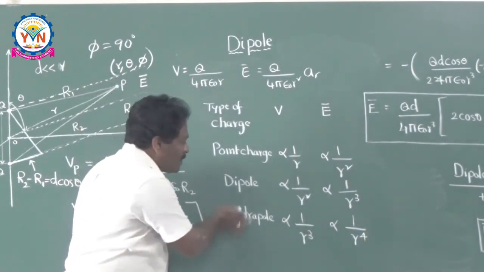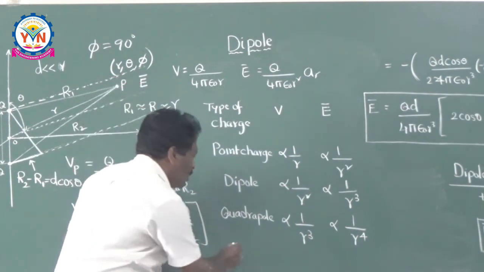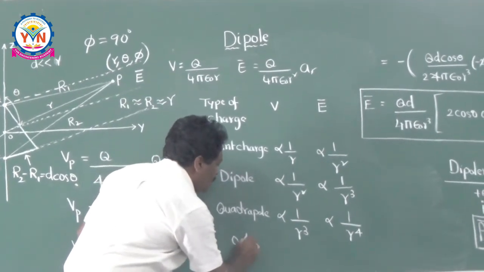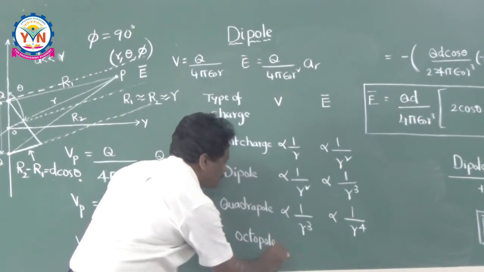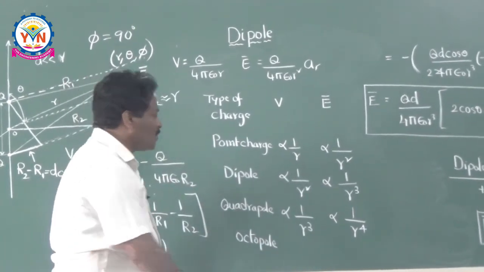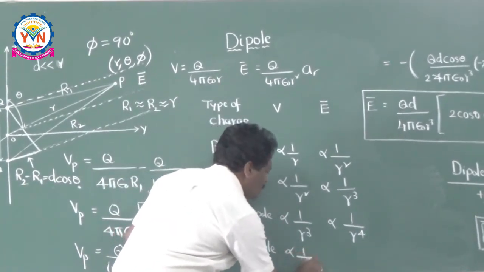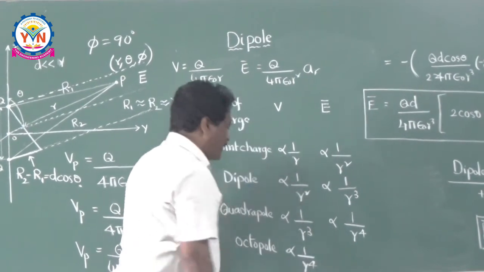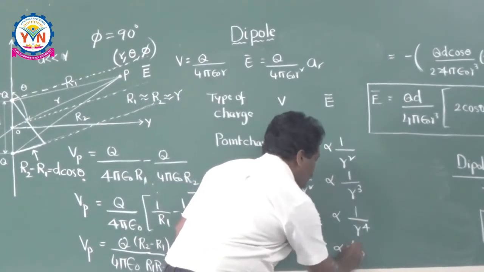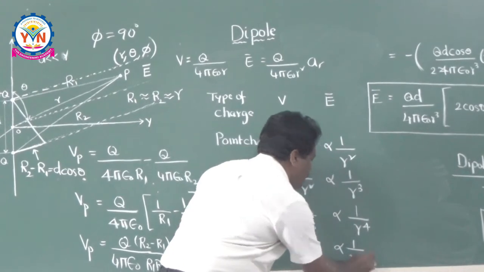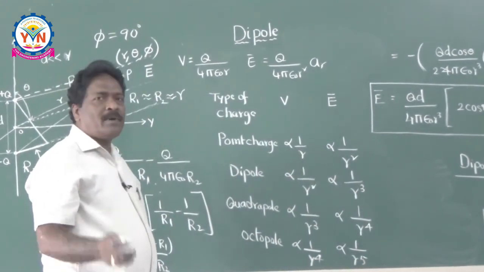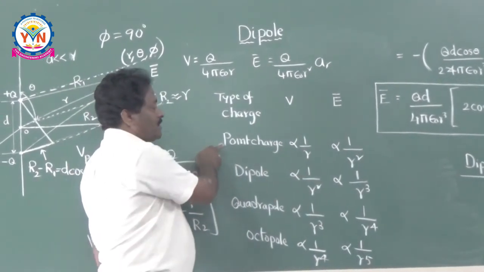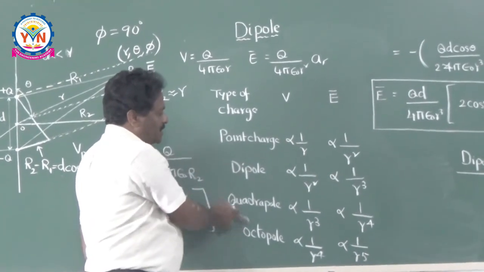Now two quadrupoles become an octopole. So you can say this is an octopole here. For an octopole, what to do? Logically write down, the potential is inversely proportional to R to the power of 4, and the field is proportional to 1 by R to the power of 5, like this. So remember friends, just from a point charge, we developed so many configurations here.